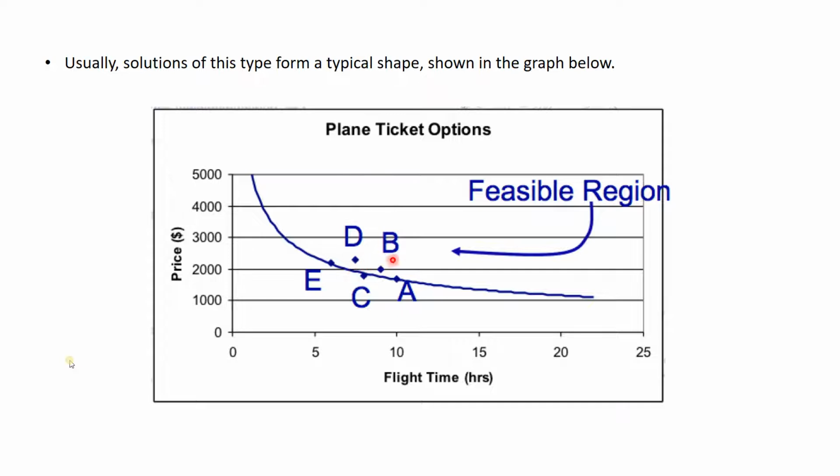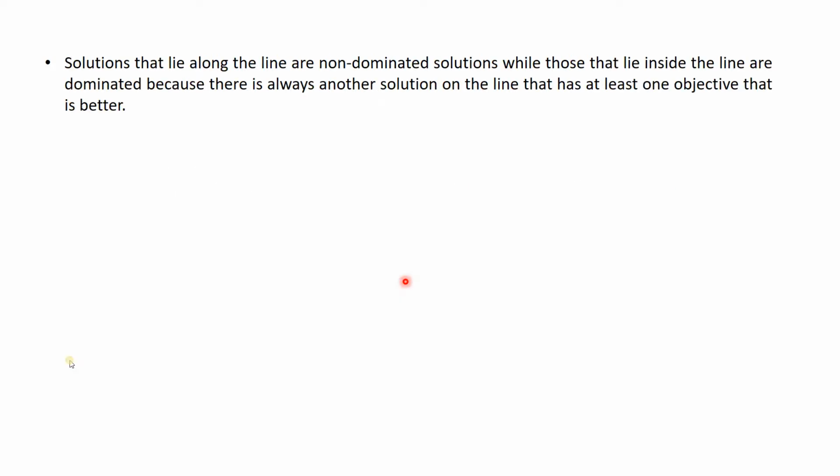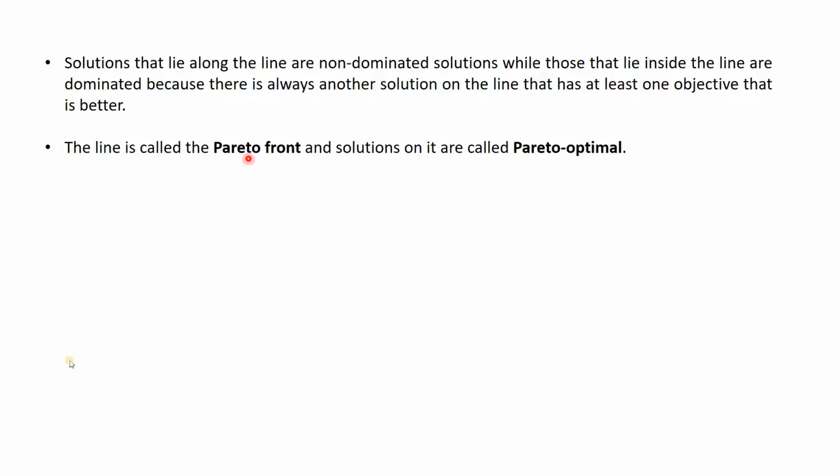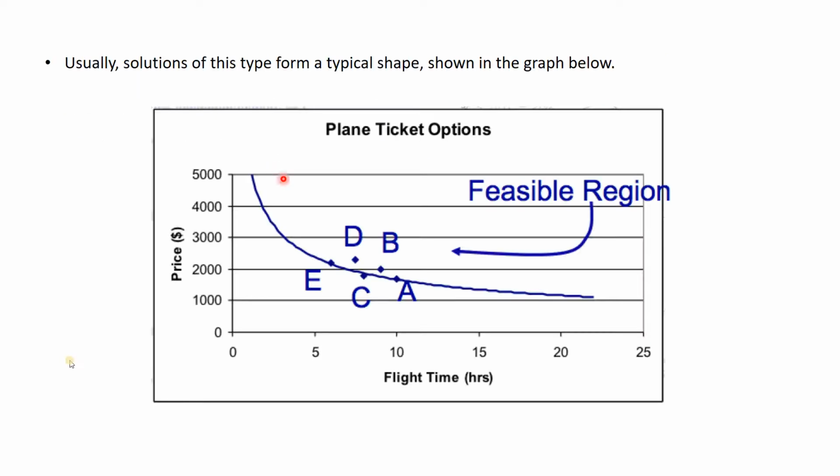But D and B will not be lying on this line because they are dominated, so they lie in the feasible region. But the line which is carrying the non-dominating solutions is called the Pareto front.